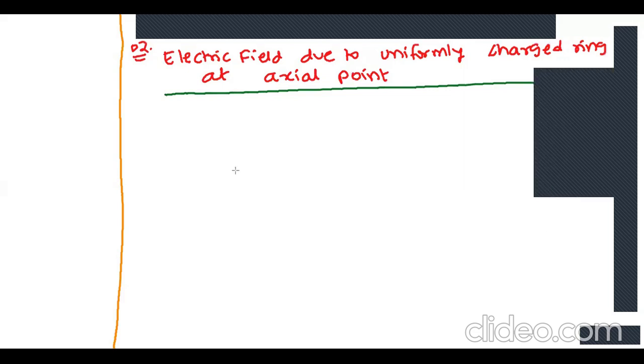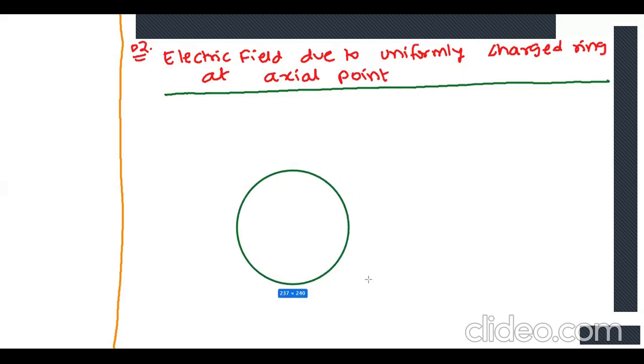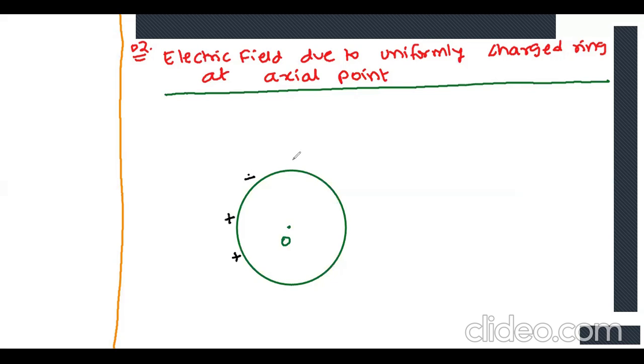Let us consider we are having a uniformly charged ring, having the center as O. Whenever we say uniformly charged ring, that means that on the outer surface it is accumulated with positive charge.